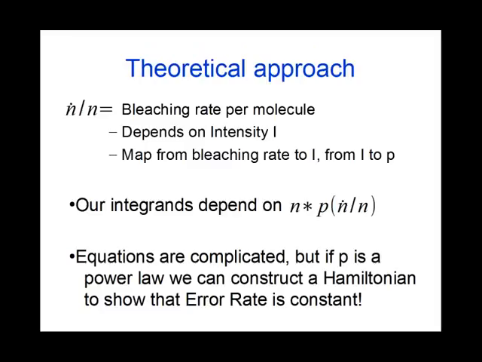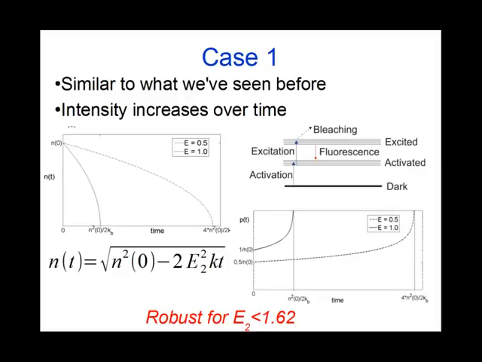Our theoretical approach is more complicated. Suffice it to say that you have to look at the bleaching rate per molecule. That is the parameter that all of our models depend on. In the first case, we get something that looks like this for the number of molecules. They no longer decay linearly.